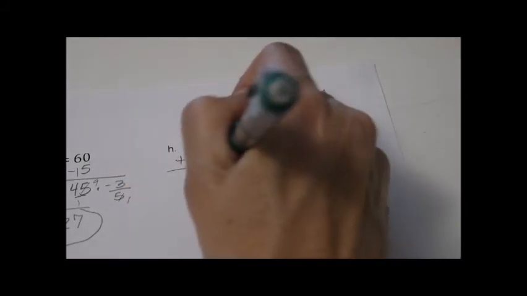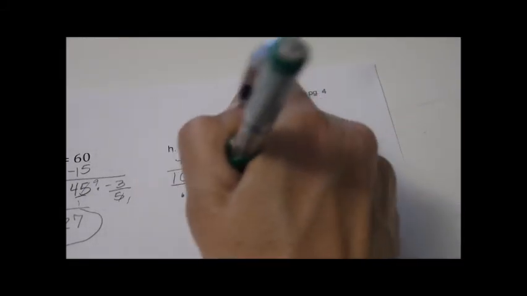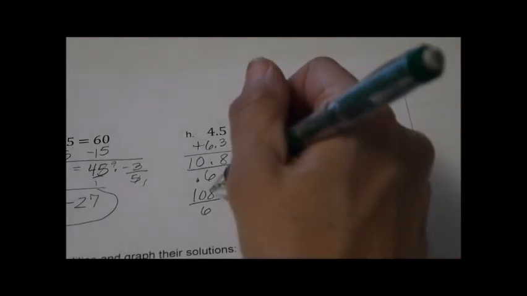Add 6.3 to both sides. So we get 0.6d and we get 10.8. Okay, divide both sides by 0.6. And that is the same as 108 over 6, right? So if you get stuck, if you don't know how many times 6 goes into 108, you could also cut them in half.